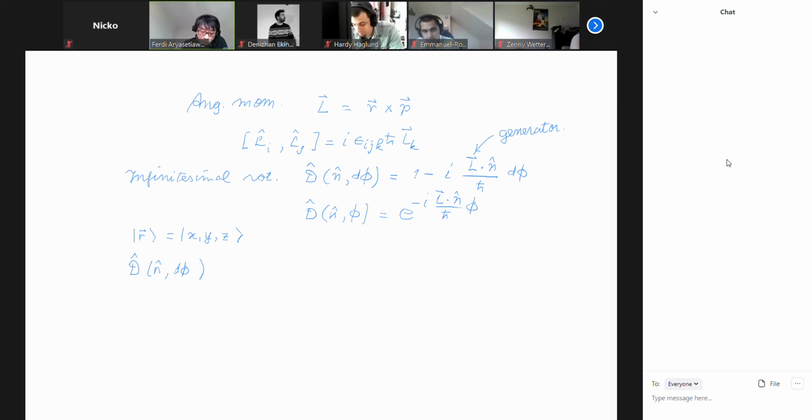So we can choose the n to be along the z-axis without loss of generality. It shouldn't matter whether it is z or some other axis.